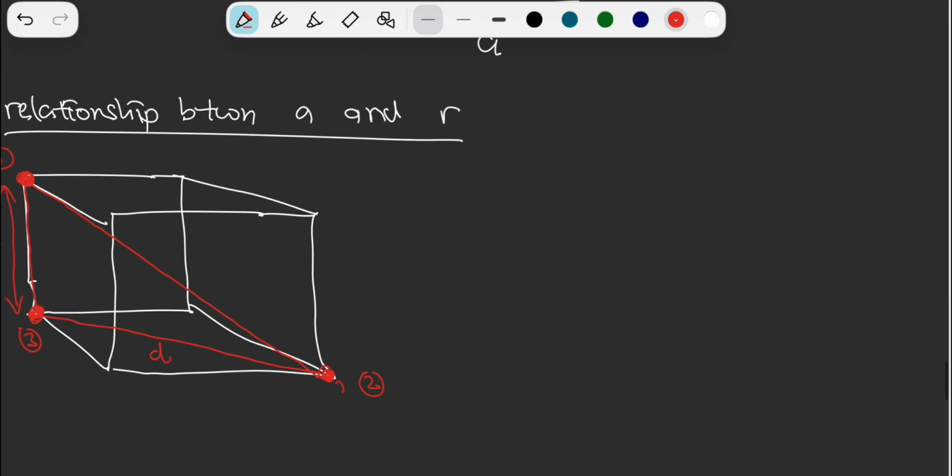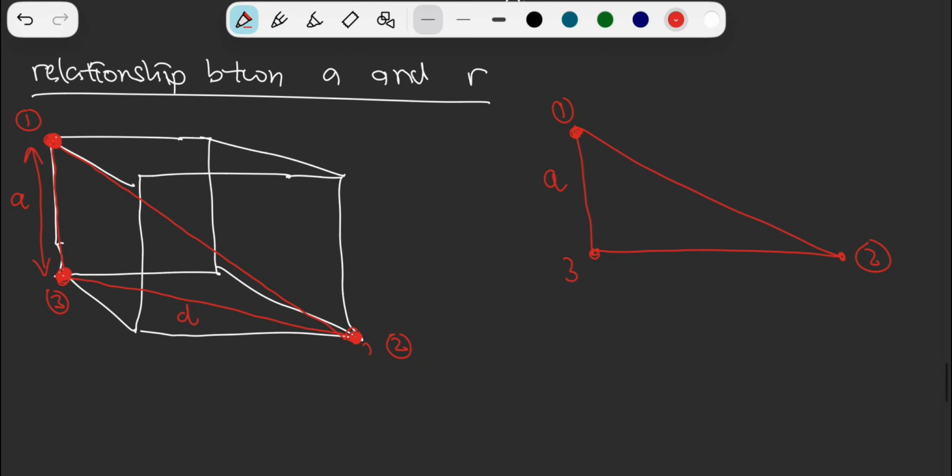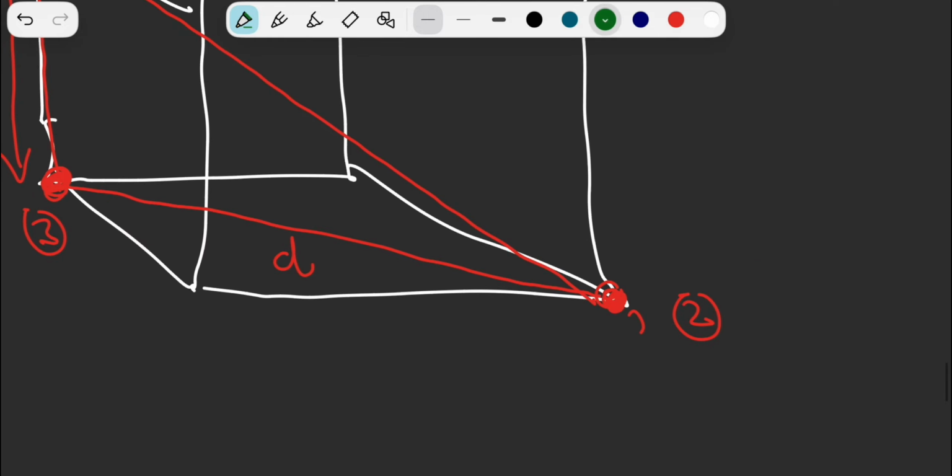So let's say this is 3. Extracting that, you can say this is 1, this is 2, this is 3. So you know that this is A, and then you want to find the length of D. This is simple Pythagoras. This length is A over here.